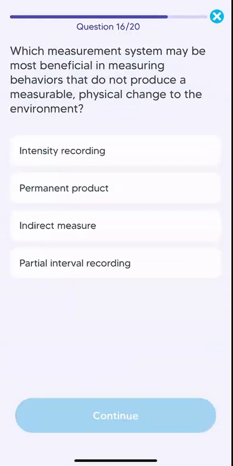Which measurement system may be most beneficial in measuring behaviors that do not produce a measurable physical change to the environment? Intensity recording, permanent product, indirect measure, partial interval recording.